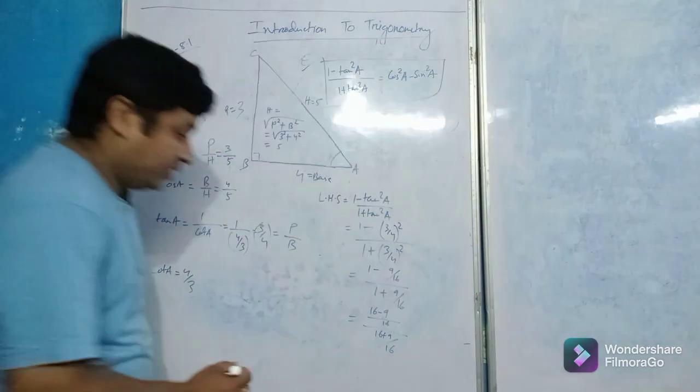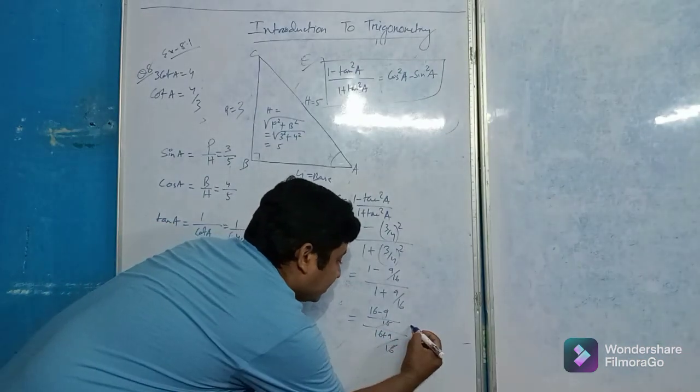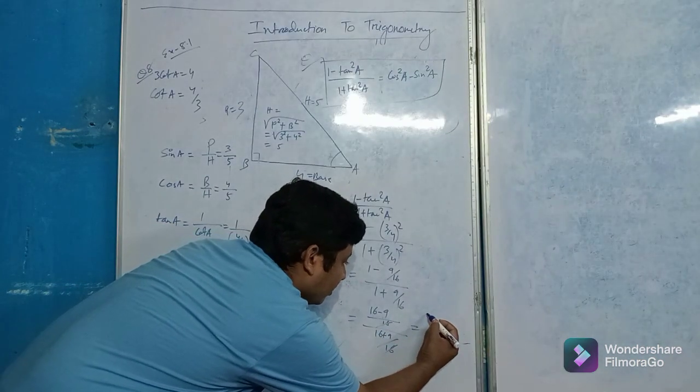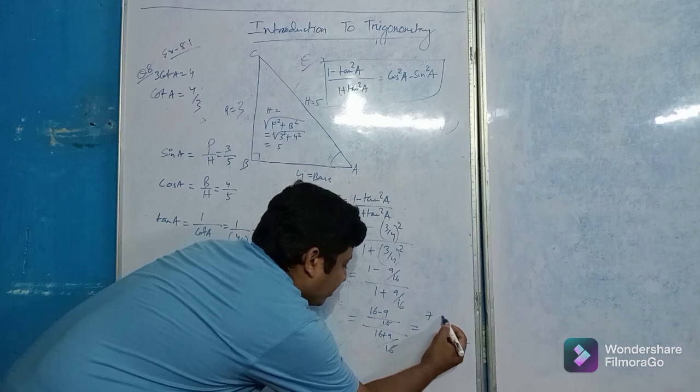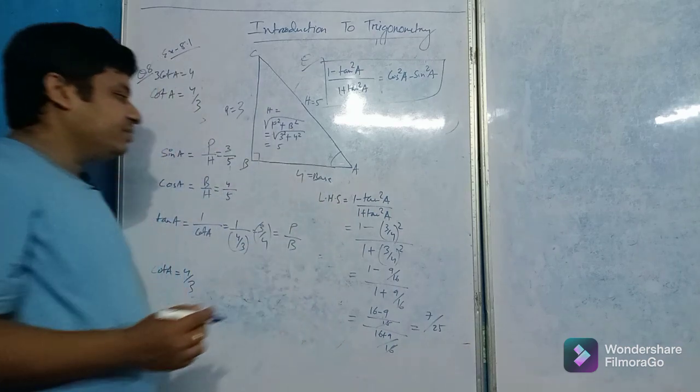So this 16 will be cancelled. It will become 7 by 25. It is coming 7 by 25.